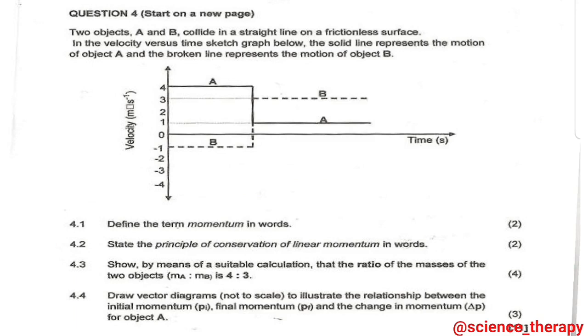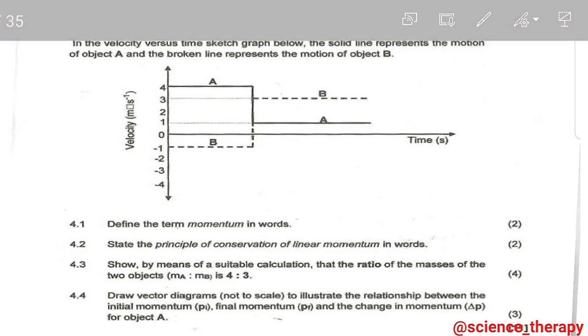Now let's look at 4.3. It says show by means of a suitable calculation that the ratio of the masses of the two objects, mass A to mass B, is 4:3. Right. Now before we show that, let's come to understanding the graphs here.